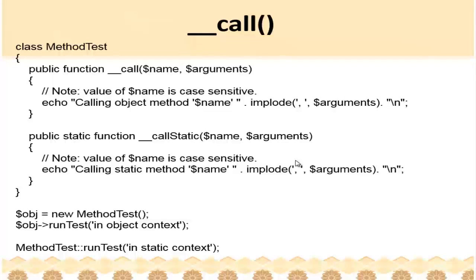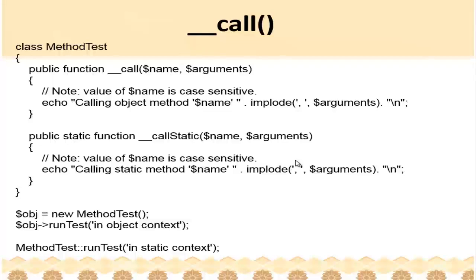If you want to create a runtime object method, you can use __call. And here you will notice that I create an instance of this class, new method, and then I try to call a method called runTest. You notice that runTest does not exist in the definition of the class.